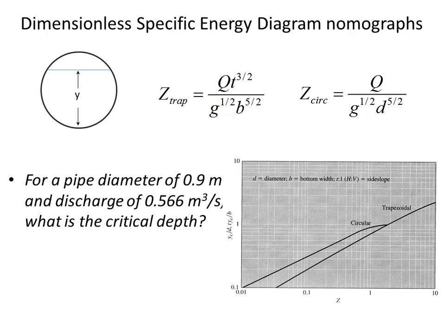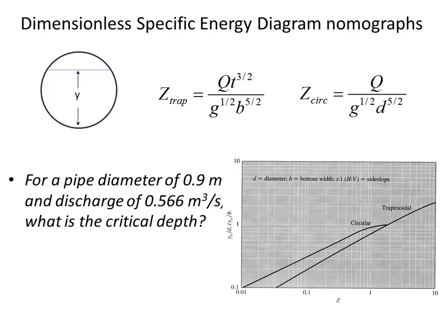Y sub c divided by D is equal to 0.5, and we got this from the nomograph. That's telling us that the critical depth relative to the diameter of the pipe is 0.5.